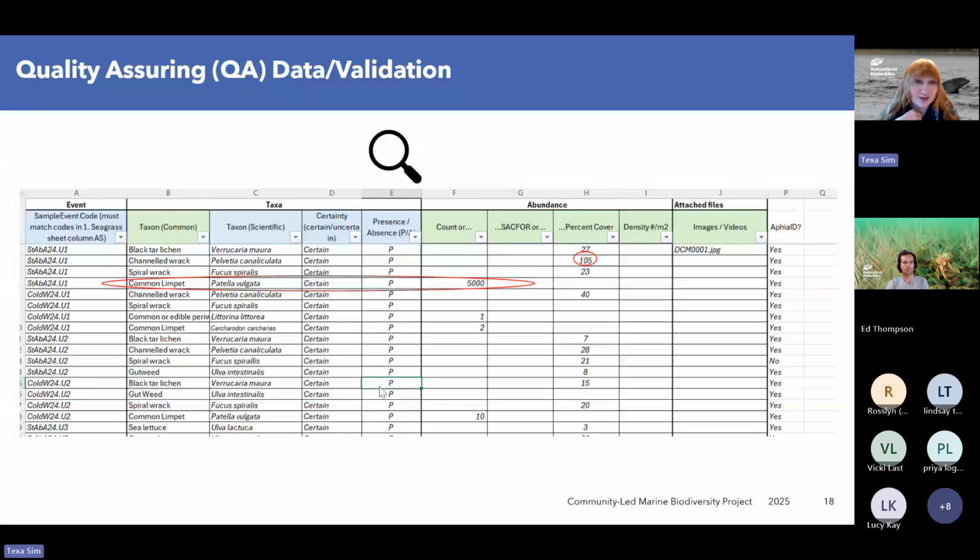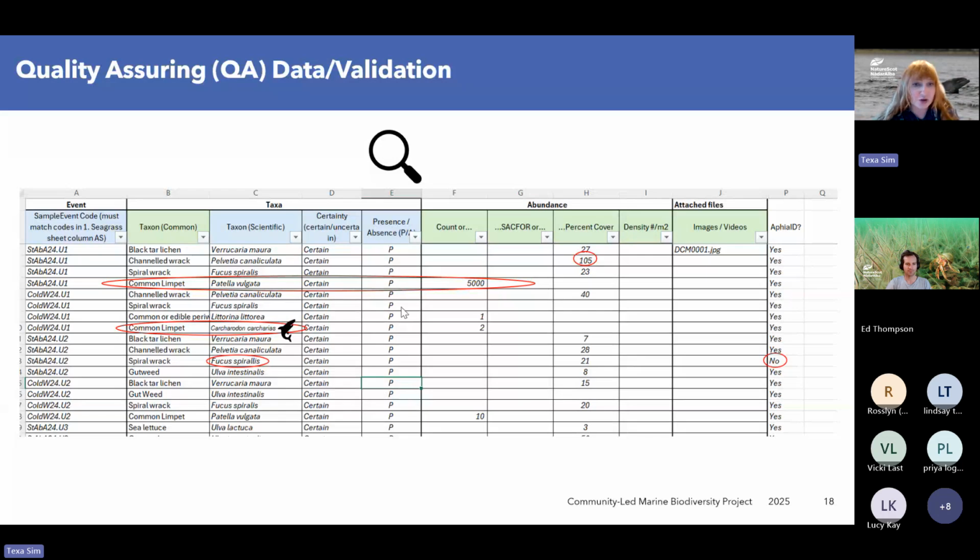We touched upon double checking the scientific name. The common limpet is in there incorrectly as actually the great white shark, so it's worth double checking. If you follow the spreadsheet along to the AFIA idea, where Ed talked about if that comes across as a no, it might be that there's an error in your scientific name somewhere, and for this there's a double L in Fucus spiralis.